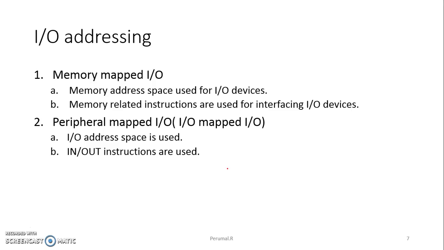The next one, IO addressing schemes. There are two addressing schemes: memory mapped IO, and peripheral mapped IO or IO mapped IO.